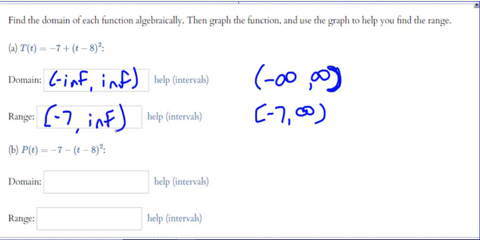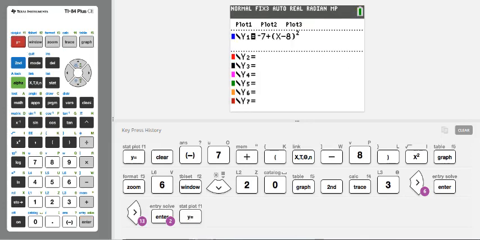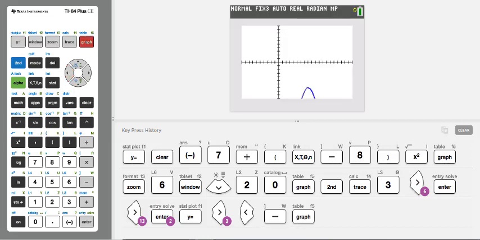Okay. We can do it again where this one is -7 minus t minus 8. So let's change the equation to represent a minus that. So let's go over here. Let's go y equals. Let's go right here and hit a subtract. And now let's graph it again.